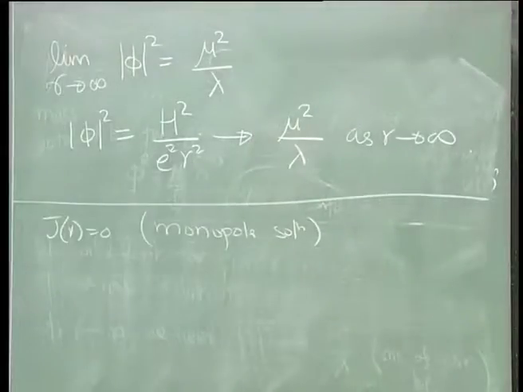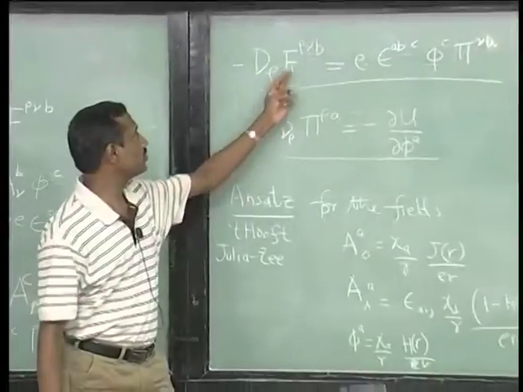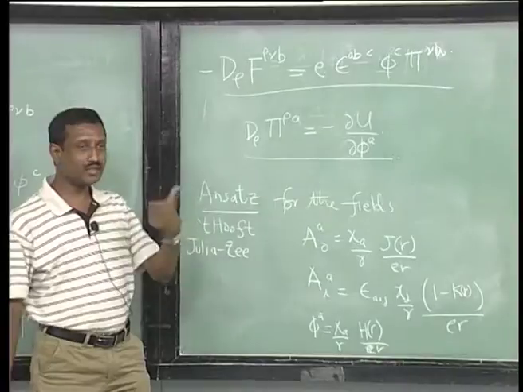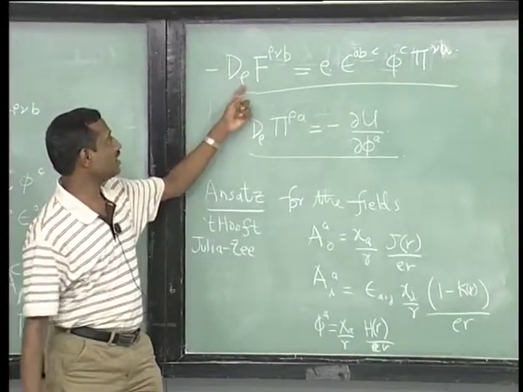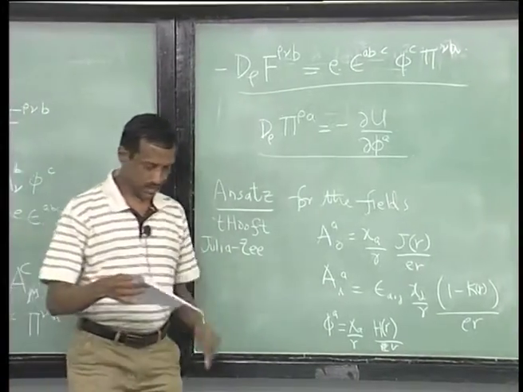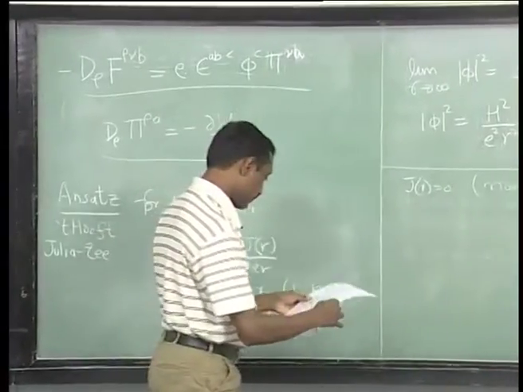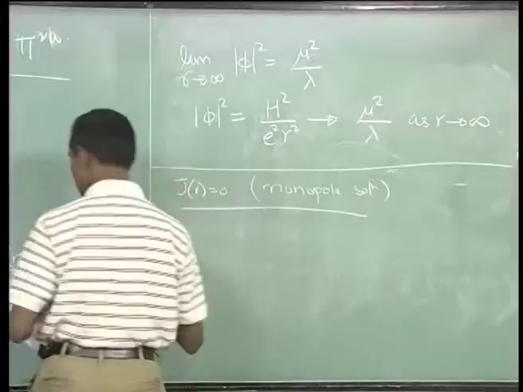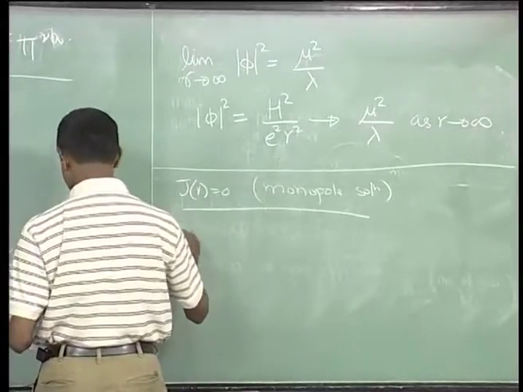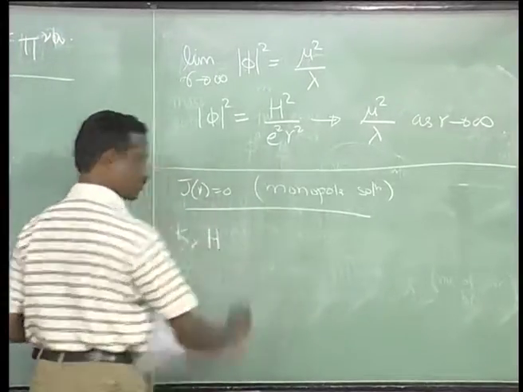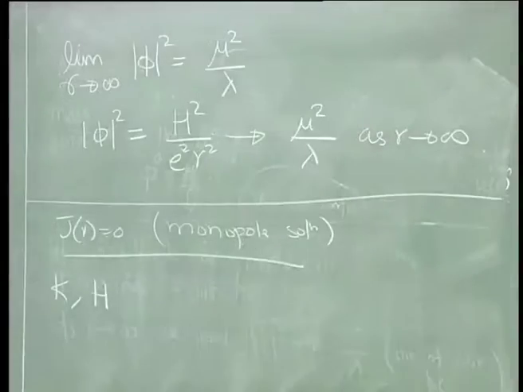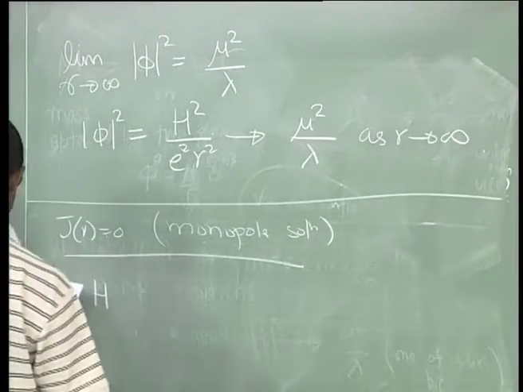There are simplifications: for instance, D_rho can be written as just the spatial part, because D0 A0 is 0 and D_i just becomes that. So the only unknowns are K and H, and the ansatz says they depend only on the radial variable, which simplifies things a bit.